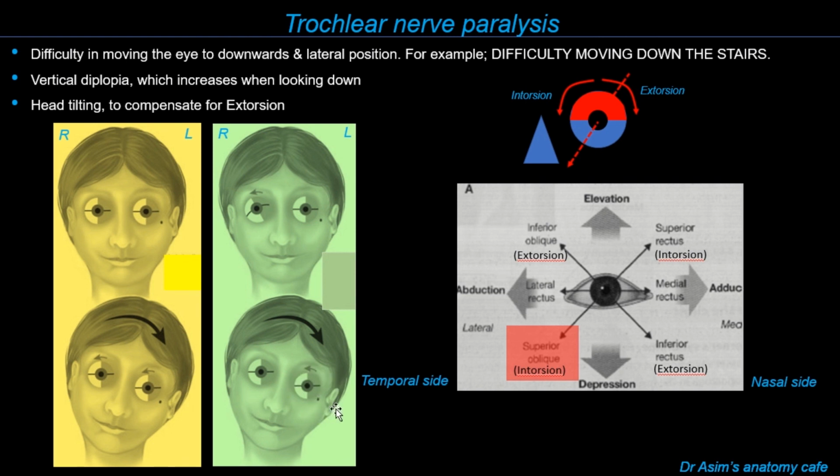So the superior oblique muscle on this side is then going to contract and bring about a compensatory intorsion of the left eye to balance for the extorted movement of the right eye. And this eventually results in the axes of both eyeballs aligning with each other, and thus resulting in the disappearance of the diplopia. So the patient basically compensates for this diplopia by tilting his or her chin towards the side of the fourth nerve lesion.